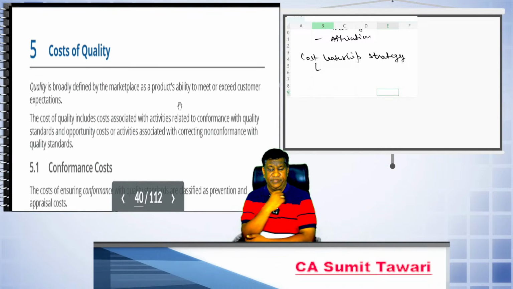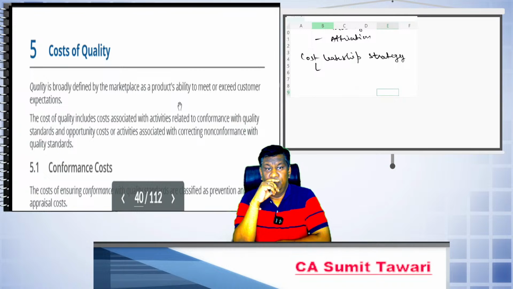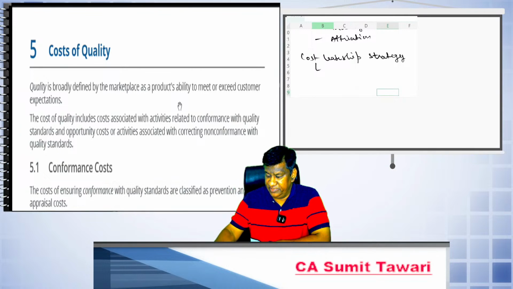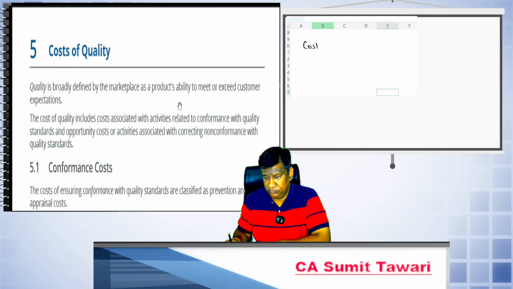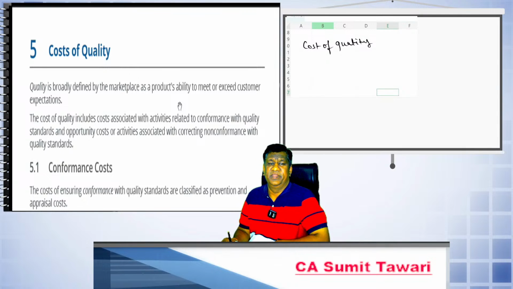Then cost of quality. So cost of quality is basically, there are three types.